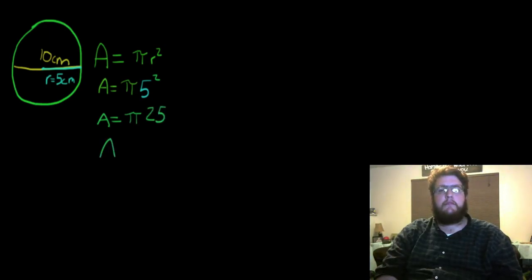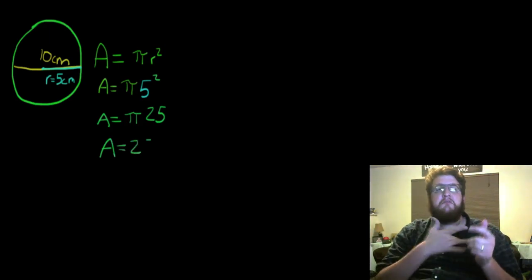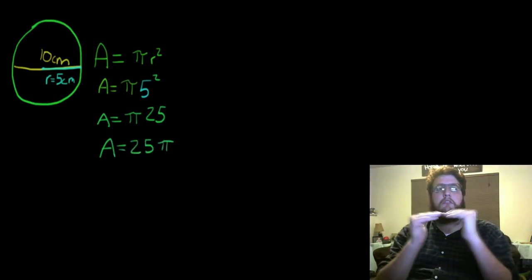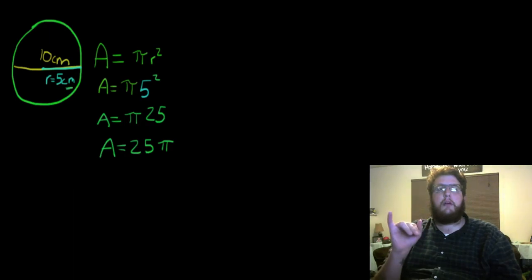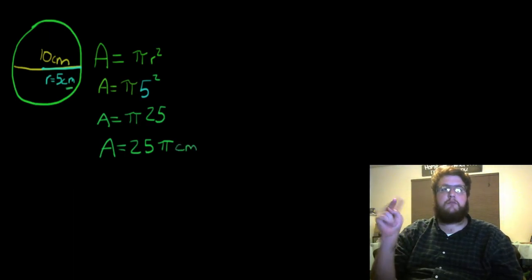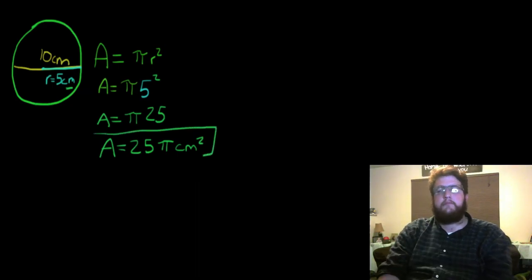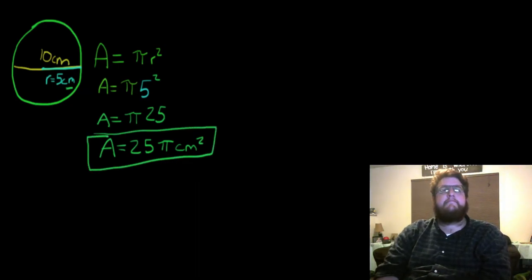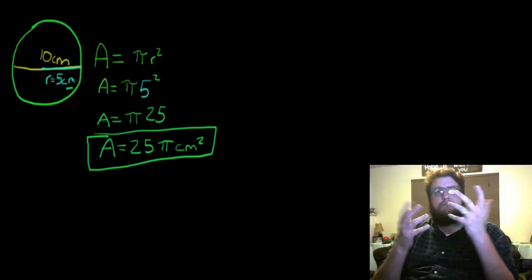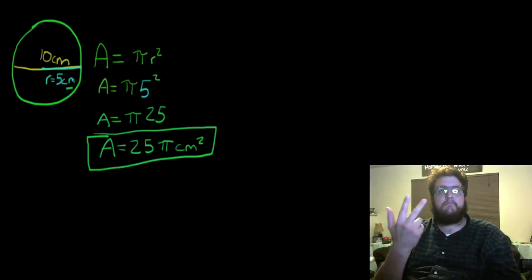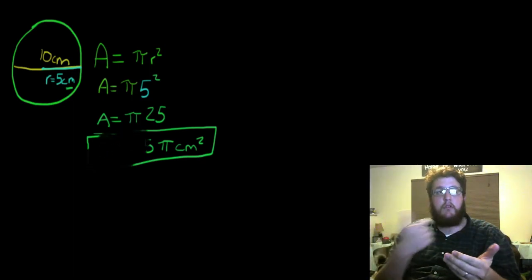And typically you'll see this rewritten as A equals 25 pi. We'll bring down our units, centimeters, and because we're talking about area, it's centimeters squared. And that's that. Alright, I'm going to jump to number 3, and you go ahead and start it. I'll get this stuff erased, and I'll catch up with you.